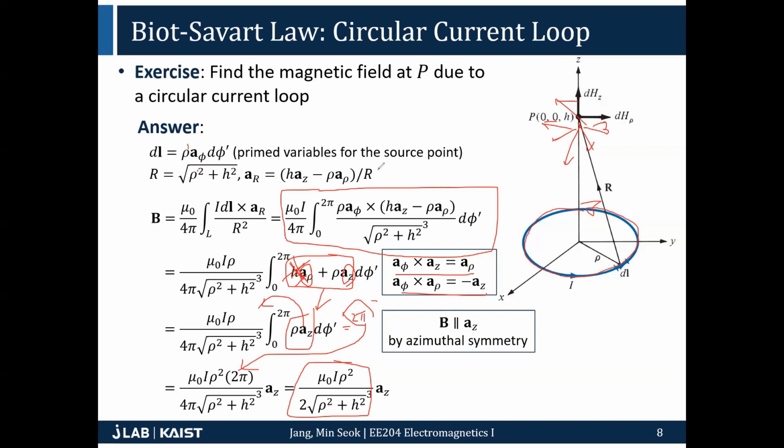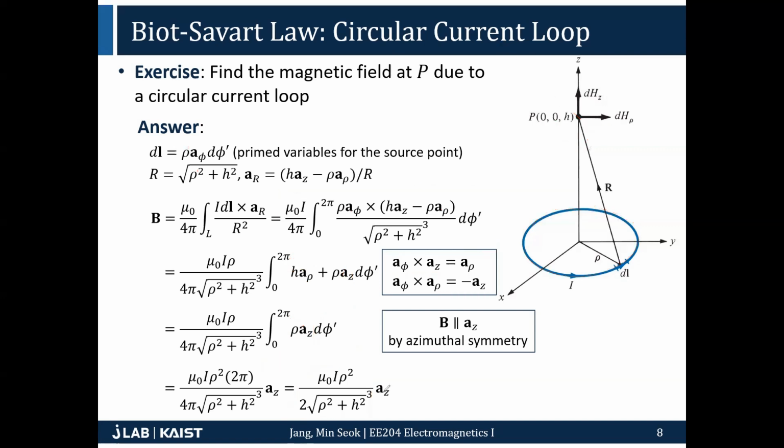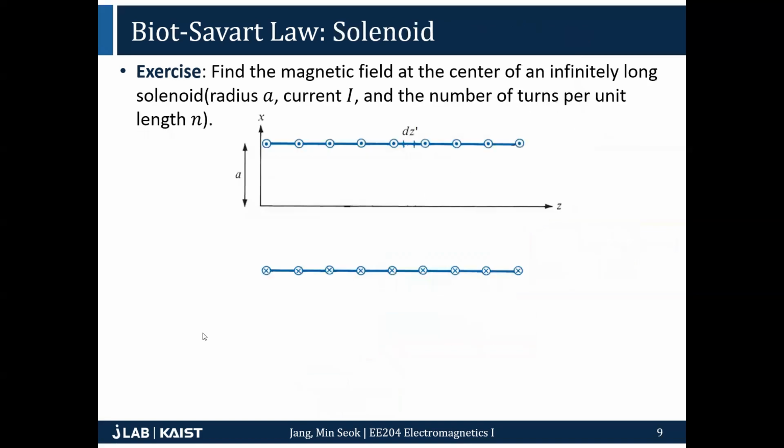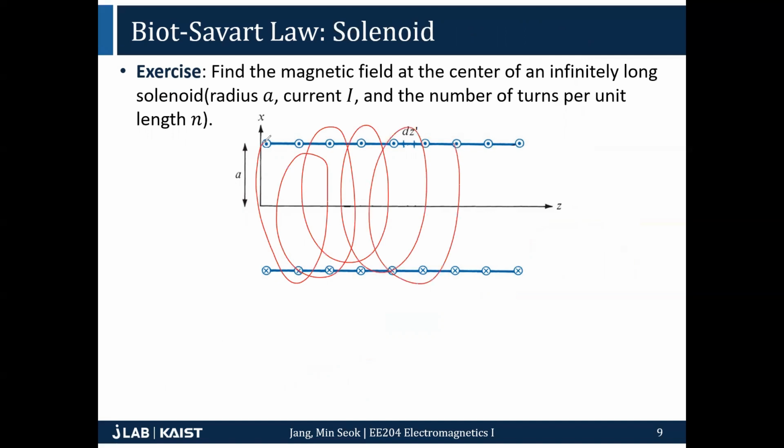Okay, so this is how a circular loop creates the magnetic field. And then you can take this solution, so the magnetic field is along this direction, to solve the solenoid in the next problem, the famous example. So you have a current carrying loop and it has many turns.